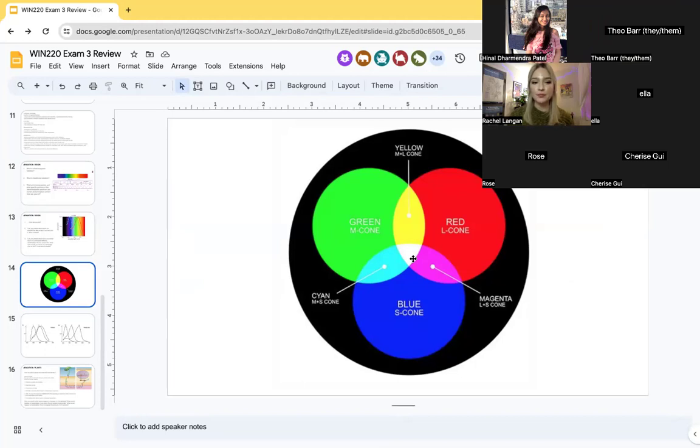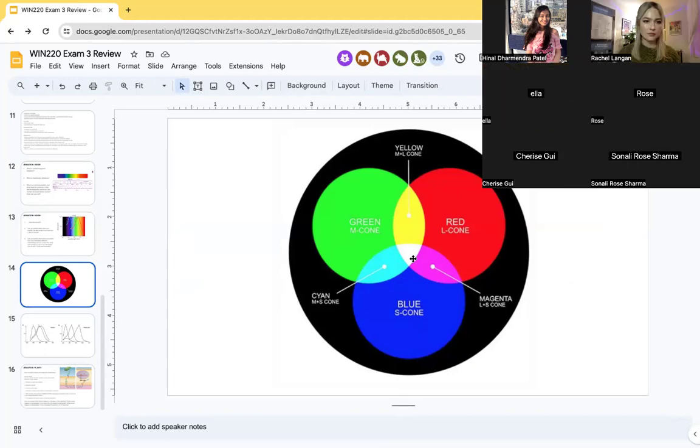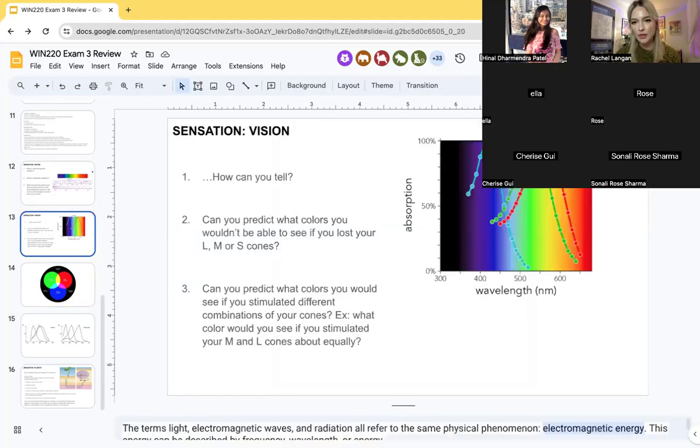Question? If you stimulated one cone more than another, would the color that you see be different than if they were both stimulated equally? Yes, exactly. If you stimulated the L cone more than the M, then instead of seeing yellow, you would probably see something more biased towards the L cone side, so orange.